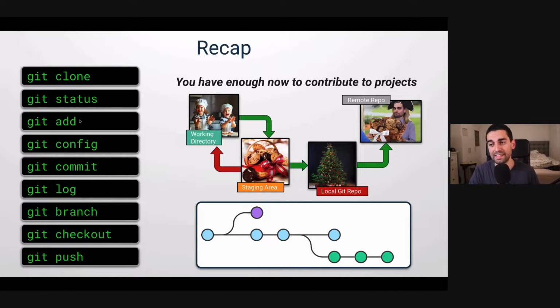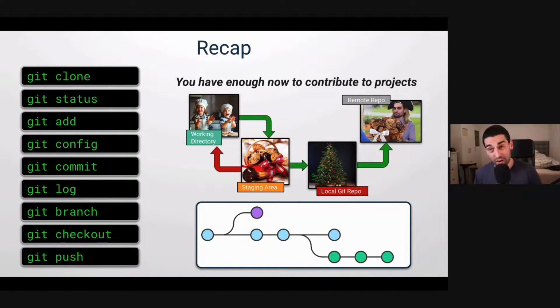We learned about git add, which is when you've made a cookie that you like the look of. You've changed your code and it looks good and tasty and delicious, and you're ready to save it. You use git add to take that cookie from the working directory and put it into the cookie basket full of different cookies, which is called the staging area or the index. The staging area is a collection of delicious cookies and changes.